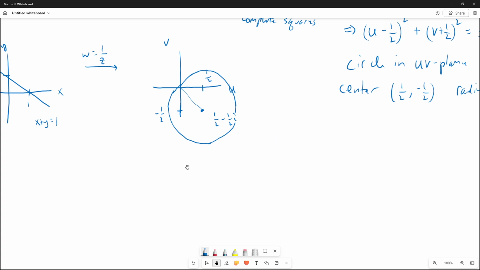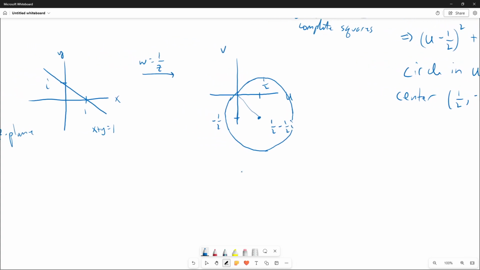Some more details here, because actually the mapping f of z equals 1 over z, or w equals 1 over z, if we put infinity in for z, then we get w equals 0. So the output when you plug infinity in is 0. And we get infinity here at both ends of the line. So as we travel along this line, heading towards infinity, the image should approach 0.